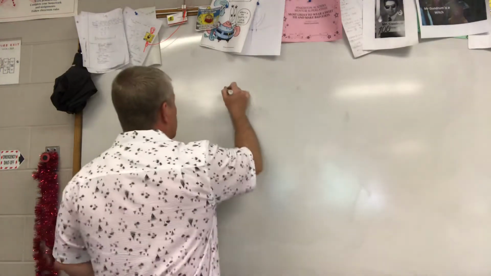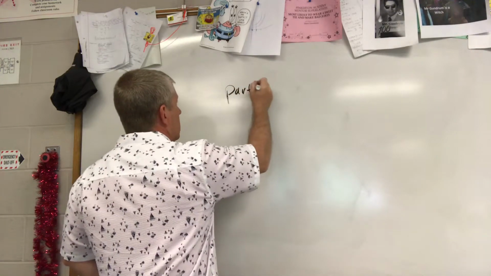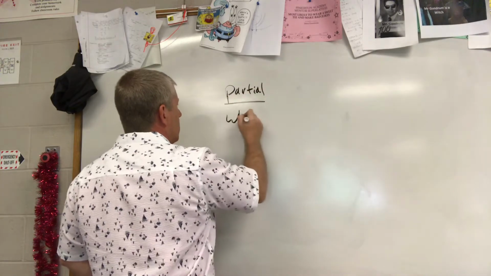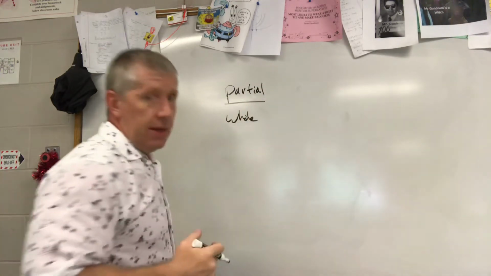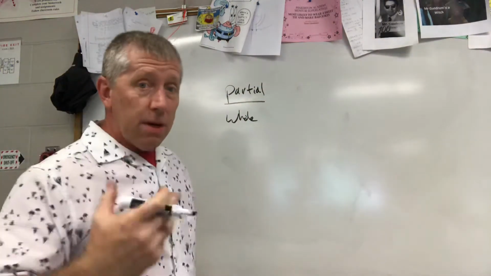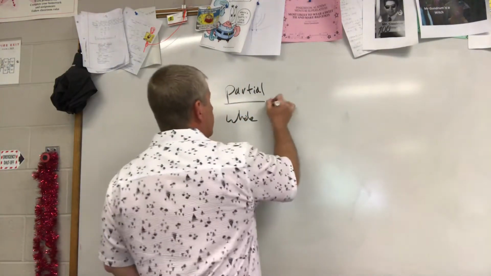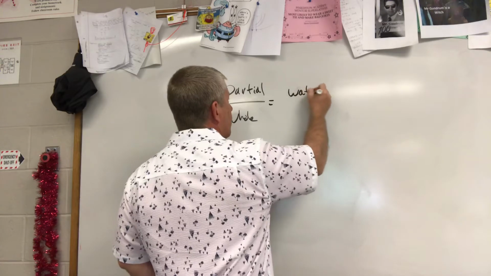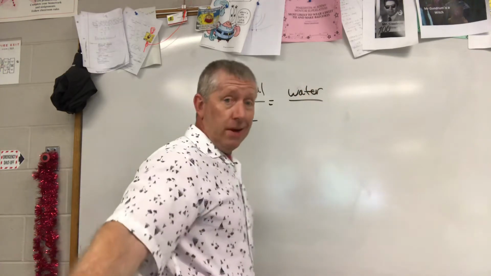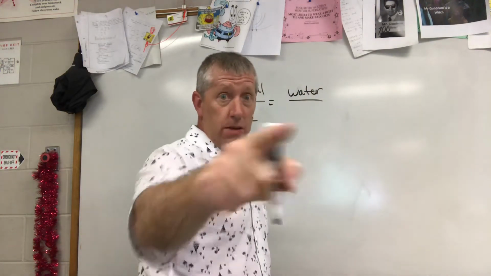So we're going to take the partial and divide it by the whole. And it wants the percent of water. So part of the whole mass of the compound is water. So you want to put the mass of the water, which we've calculated. It's on there. I'm not going to do it for you this time. No, I'm not. You do it.